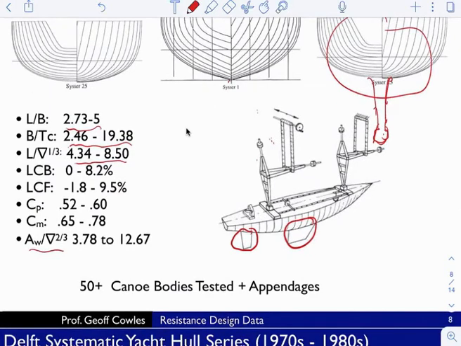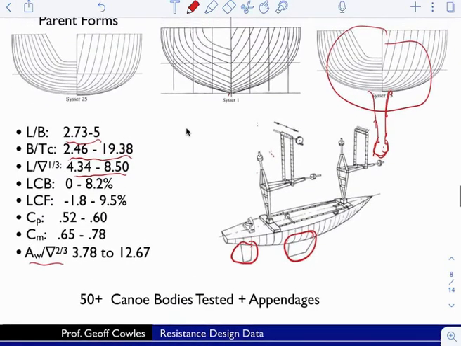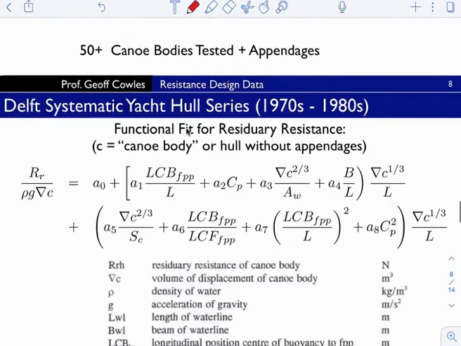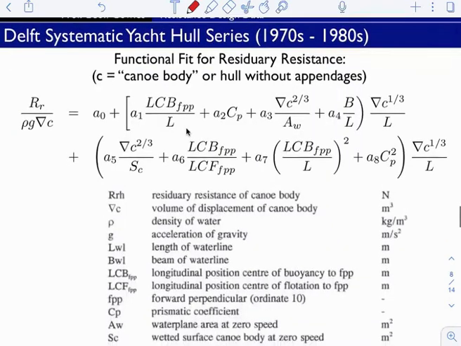The idea is you understand the canoe body, you assume that the interaction between them is small, you understand what's happening in the canoe body, and you can add on additional lift and drag formulations separately for the keel and rudder while the boat's sailing. And so the C here stands for canoe body, or hull without appendages.